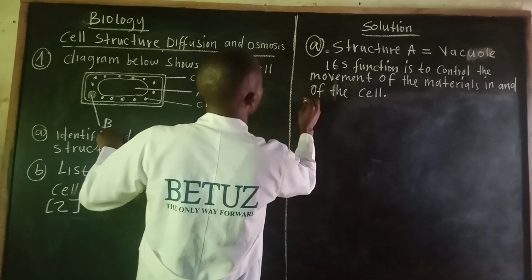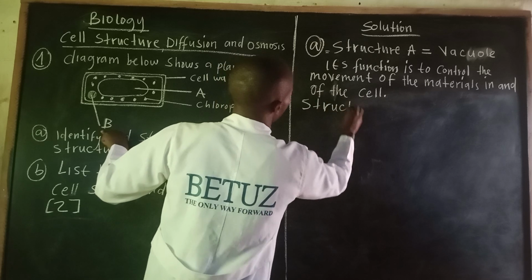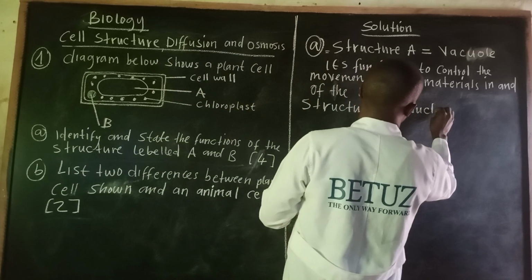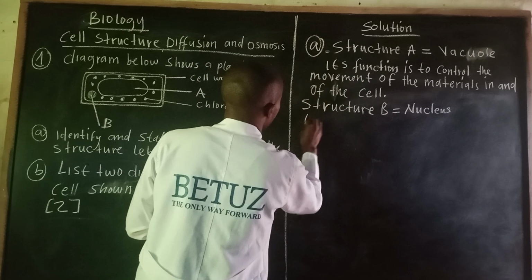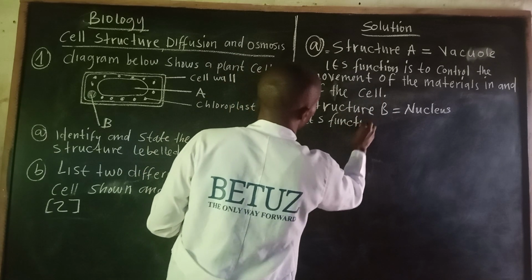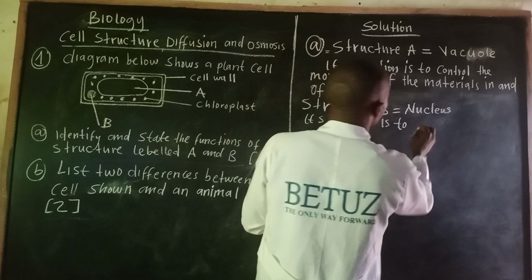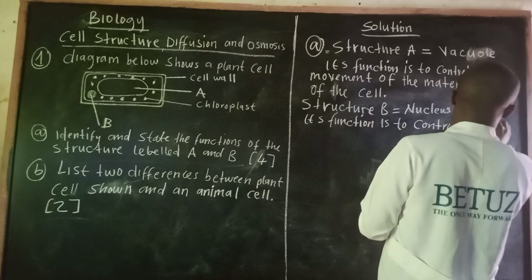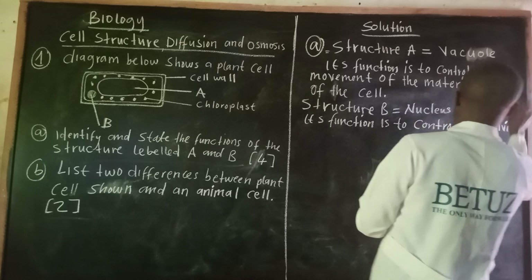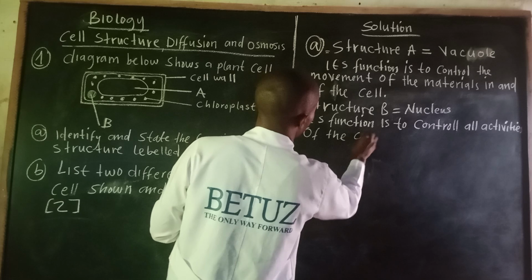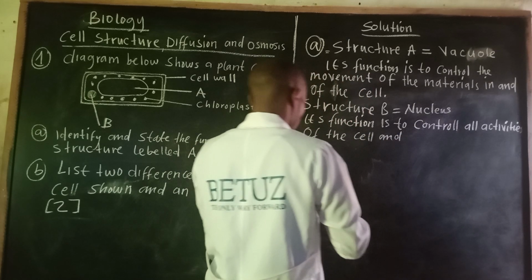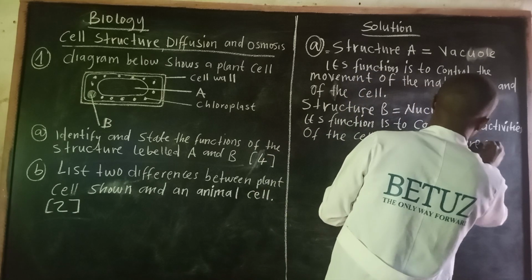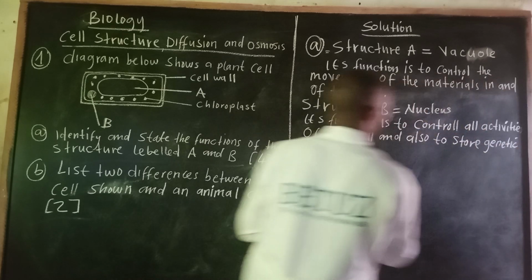Structure B is nucleus. Its function is to control all activities of the cell, and also to store genetic information.